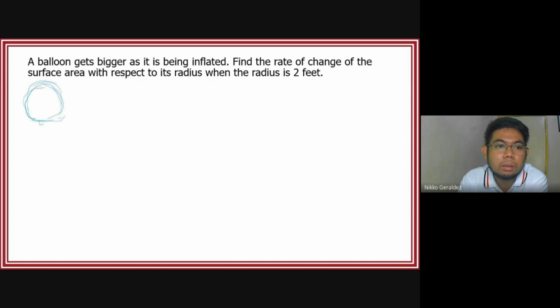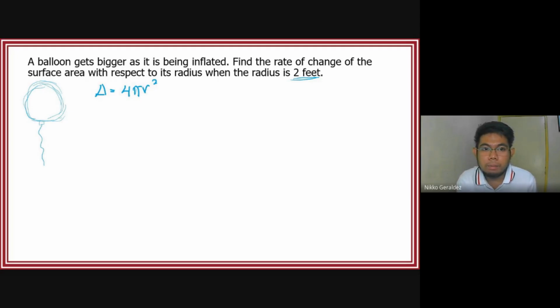So ano ang surface area ng sphere? So that is 4 pi r squared. So kunin natin yung derivative. Formula. So r is the independent variable, A is the dependent variable.